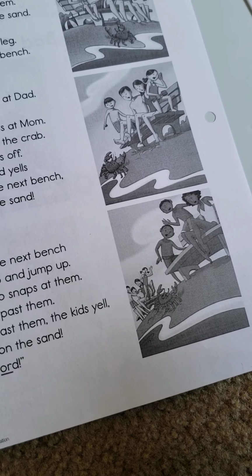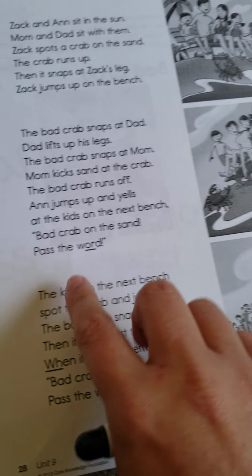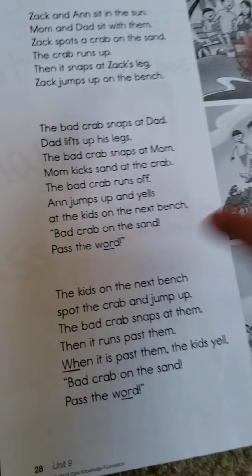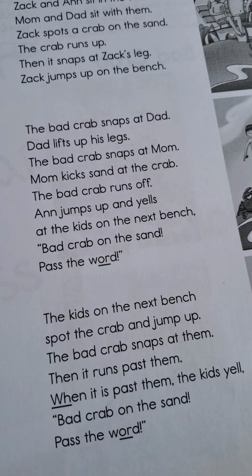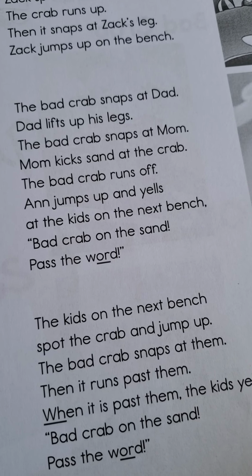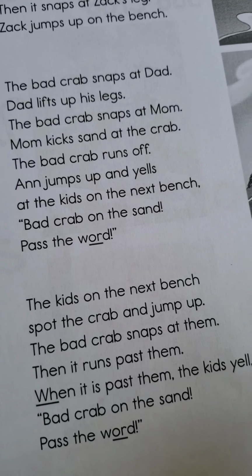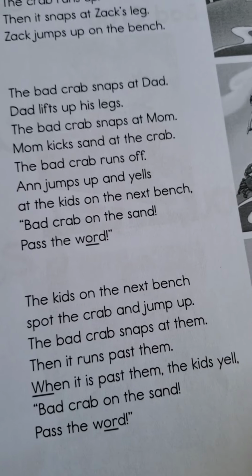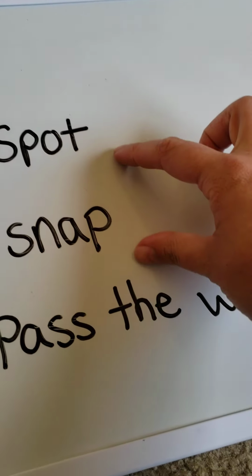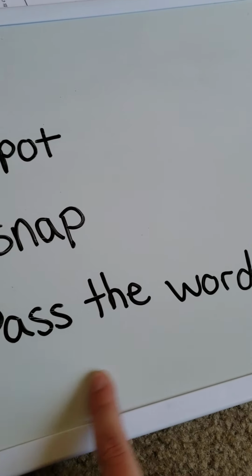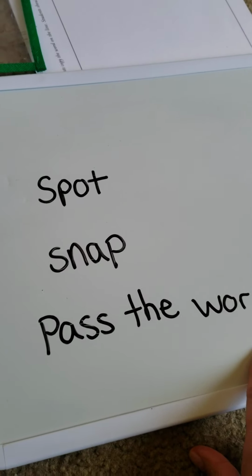That meant that they wanted other people to warn others about the crab. So pass the word kind of means spread the news. Okay, go and tell other people. You're passing the word. Okay, so those are the 2 vocabulary words and then the 1 phrase I wanted you guys to know.